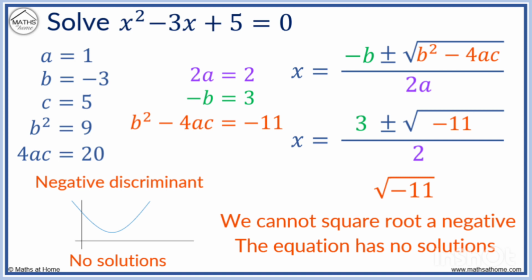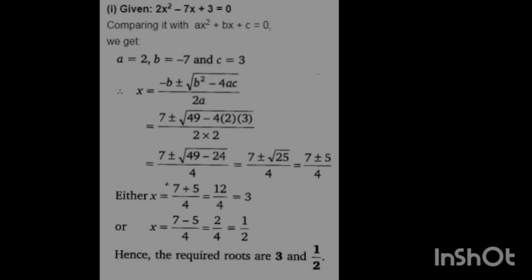So we have to put all these values in the Sridharacharya formula. Then we will get 3 plus minus root over minus 11 by 2. But here root over minus 11 is an imaginary part. So x is an imaginary root, or we don't take x as a real number.